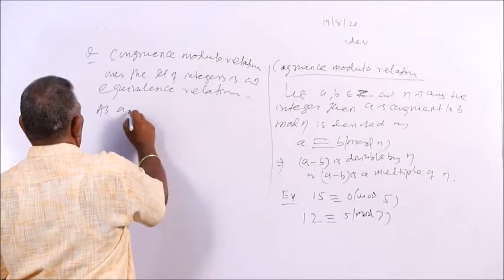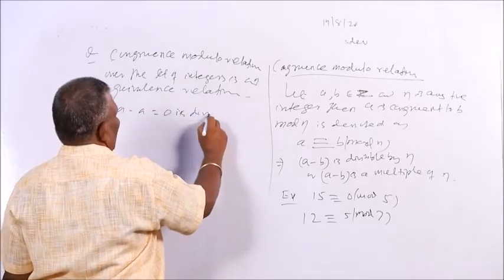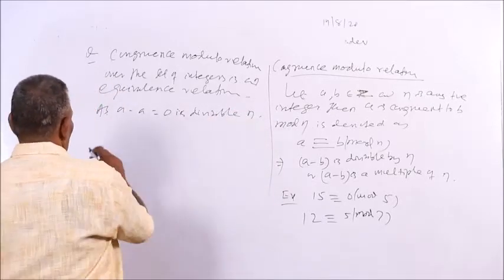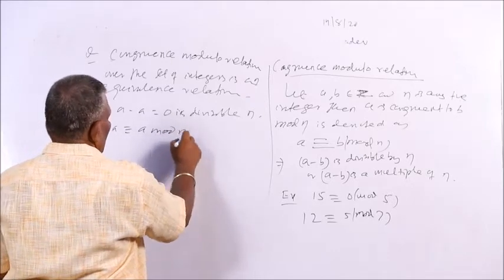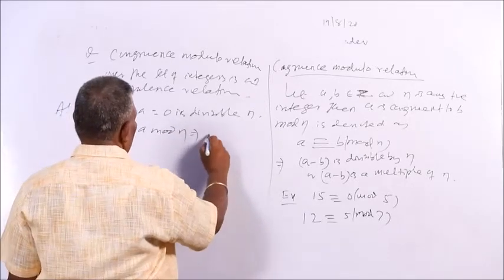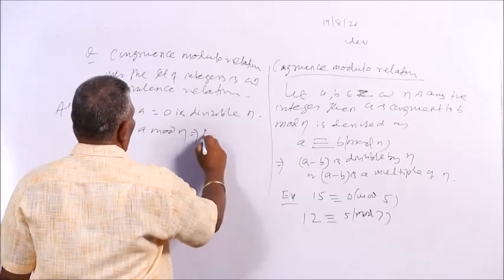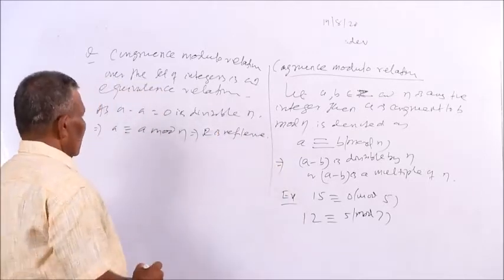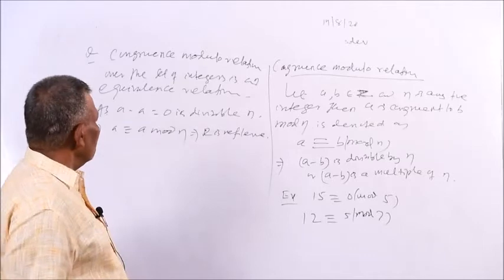As a minus a equal to 0 is divisible by n, 0 is divisible by any number. So a is congruent to a mod n. That implies R is reflexive. If the relation R is taken as congruence modulo relation, then R is reflexive.